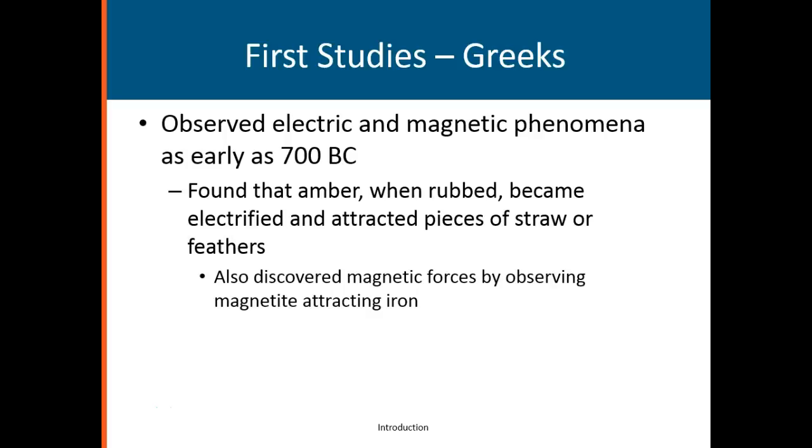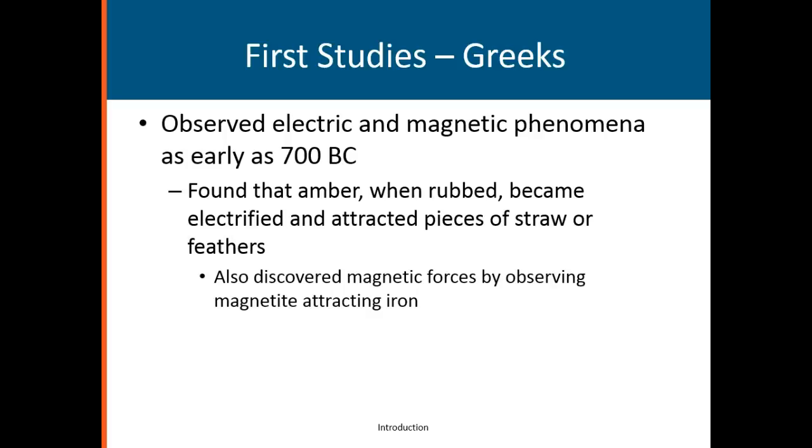Anyone know what magnetite is? Naturally occurring magnetic rock, also called lodestone, is the common name for it. And it attracts other magnetic materials.